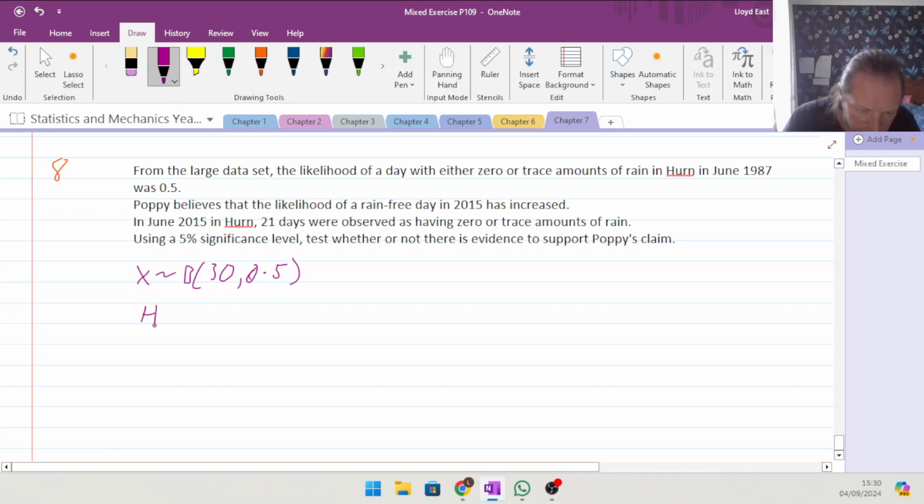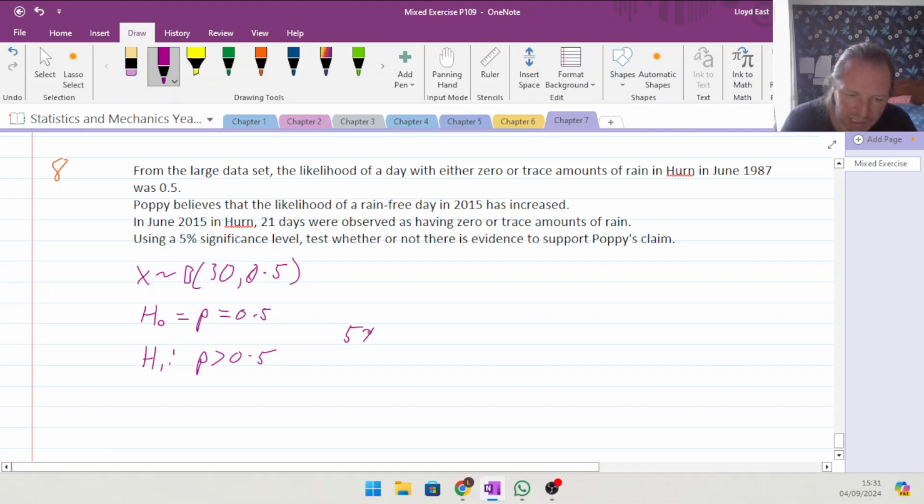And we are now taking a hypothesis test that the probability is 0.5. Okay, or we are taking the null hypothesis that the probability is 0.5, and the alternative that the probability has increased, so the probability is greater than 0.5.